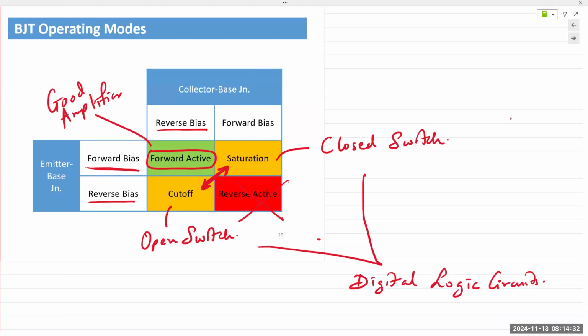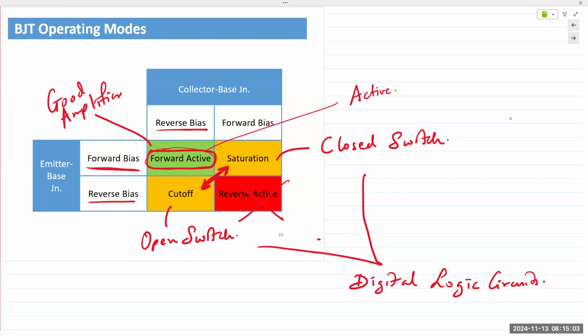Typically, when we bias a BJT, meaning when we apply DC voltages to set the region of operation, we apply forward bias to the emitter-base junction and reverse bias to the collector-base junction. That forces the transistor to operate in a region known as the forward active region, or simply the active region.